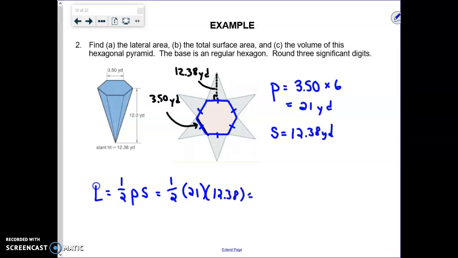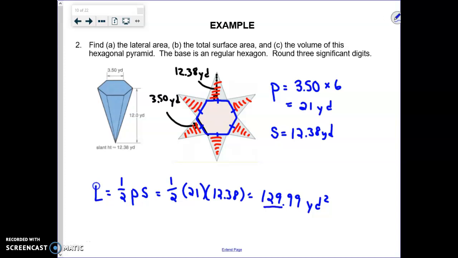If you do that, you should get 129.99 square yards. Now again, this is lateral area. So what you just found is the area of all of these isosceles triangles that make up the lateral surface.